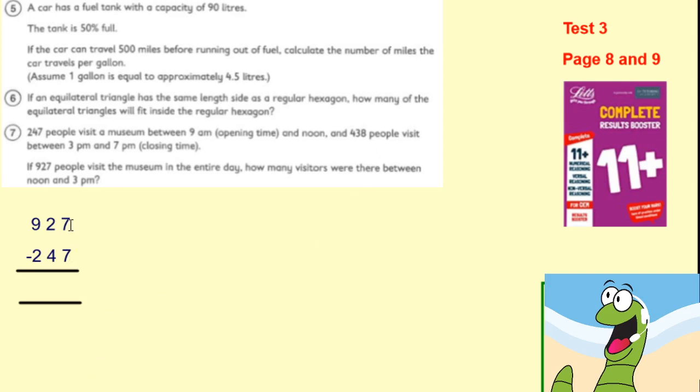So 7 subtract 7, nice and easy, and that is 0. 4 from 2 can't do, so we need to take 1 from our hundreds, and 4 from 12 I can, and then that now becomes 8. So 4 from 12 will leave me with 8, and 2 from 8 will leave me with 6. So that's 680. So that's 680 between 9 and noon.